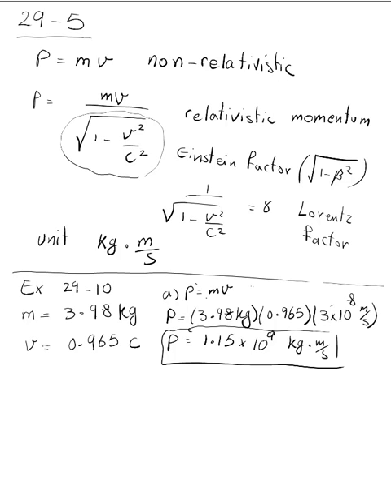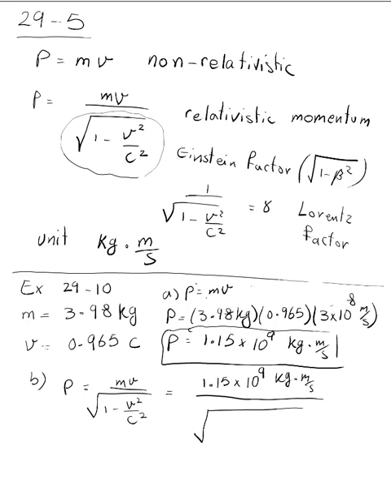For the relativistic momentum, however, I can write that p equals mv divided by the square root of 1 minus v squared divided by c squared. I have already calculated mv in the first part, so I substitute the value for it here, divided by the square root of 1 minus 0.965 c, whole squared, divided by c squared.